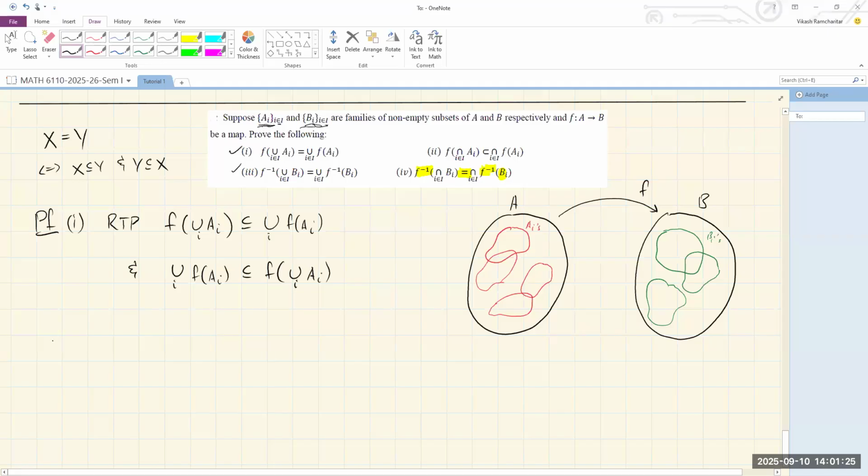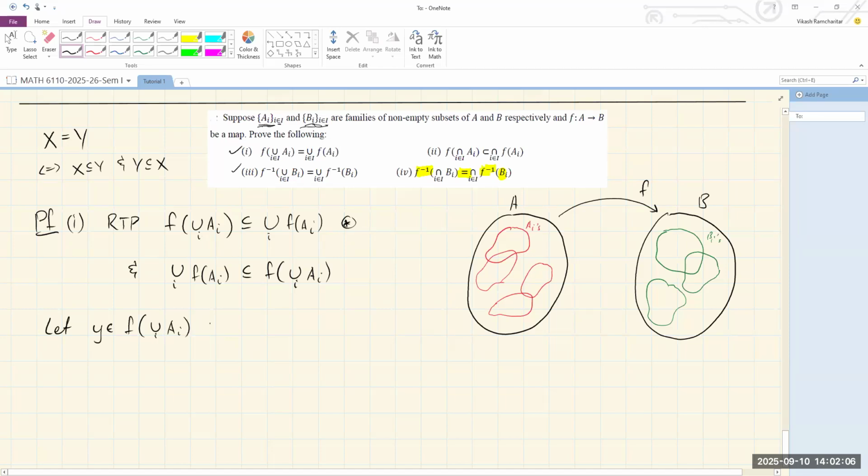So the proof of the first part: I'm going to prove this one first. So f of the union of the A_i. If I'm taking an element of this set, notice it is a subset of B. This set, f of the union of A_i, lives in B, because f takes things from A and moves them to B. So I'm going to let Y belong to this set.